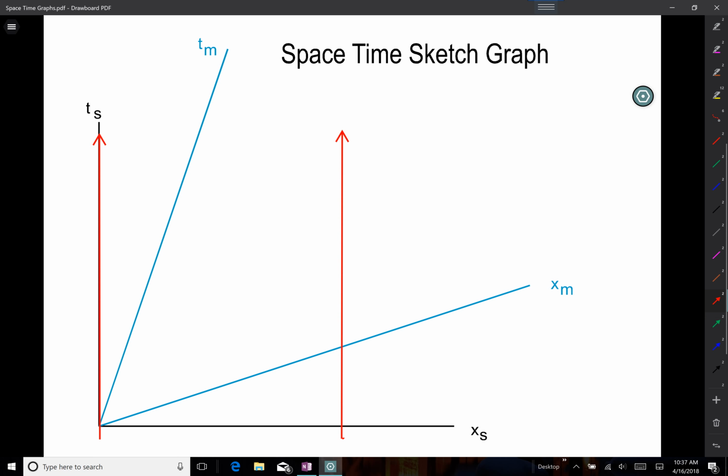Remember, when the world line is parallel to the time axis, that means the object is stationary in that reference frame. These world lines are both parallel to the TS axis, and so the object is stationary in the perpendicular reference frame.